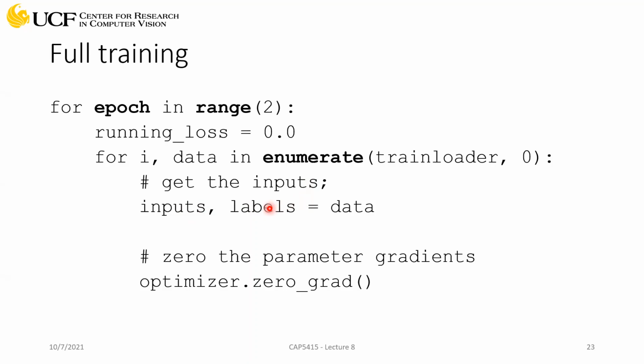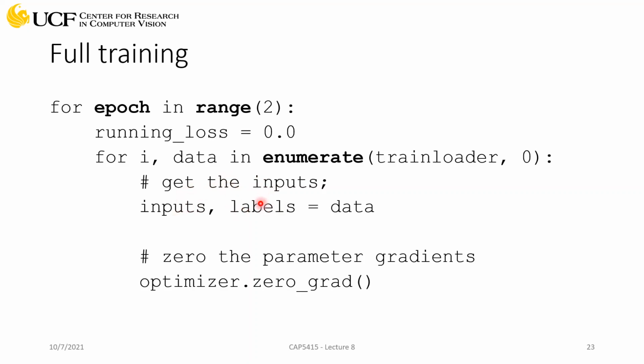But if you are writing your own data loader, which you might not do for the programming assignment, but for the project you might have to, then you'll have to make sure that when you write your data loader, you return these two values, inputs as well as labels. And of course, we'll provide you some sample template code for that. So again, don't worry about that too much at this time.